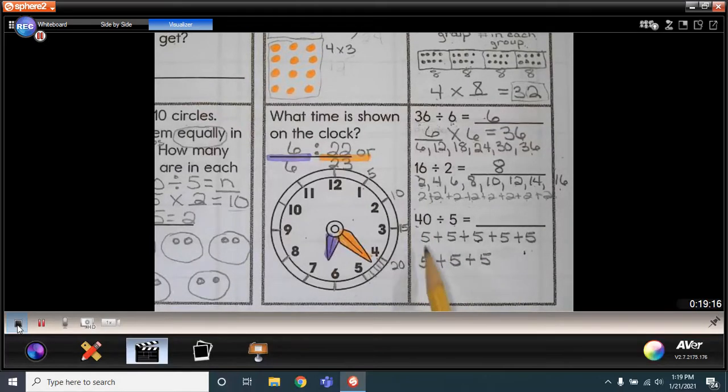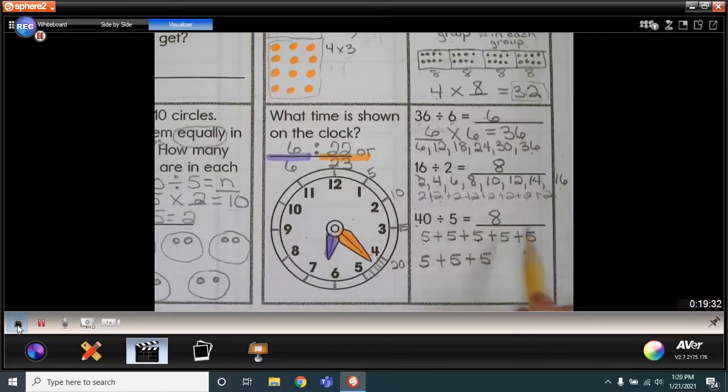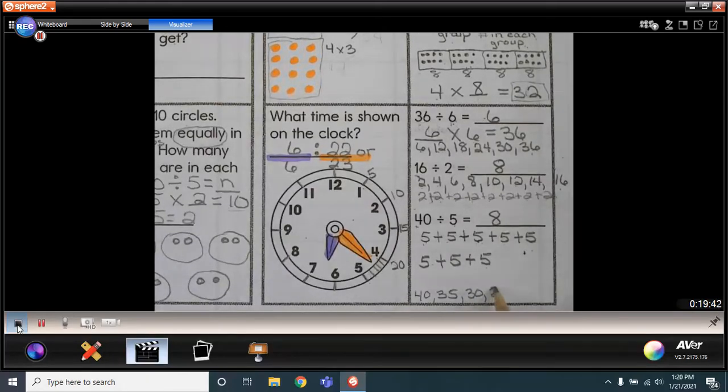Now, how many 5s was I able to take out? 1, 2, 3, 4, 5, 6, 7, and 8. So basically what I did here is I took 5 out every time, and I counted back from 40 till I got to 0 to find out how many groups.